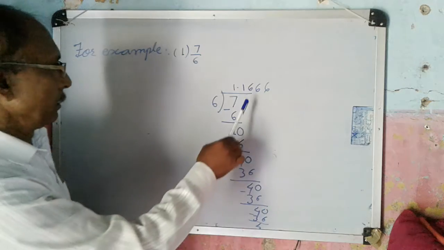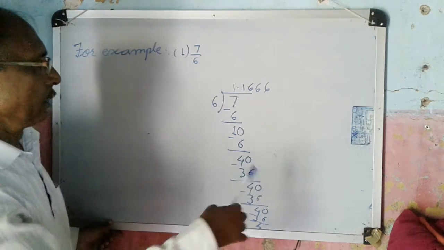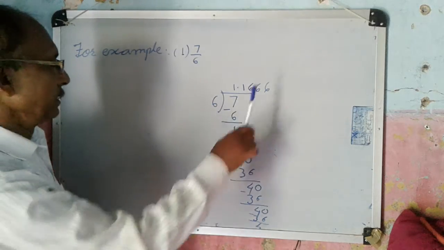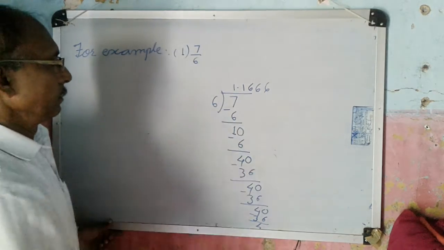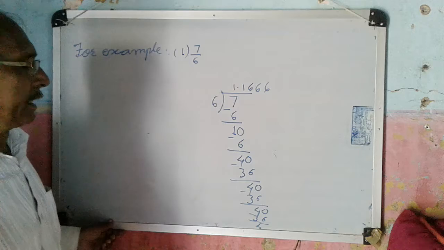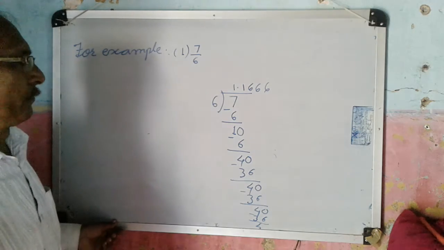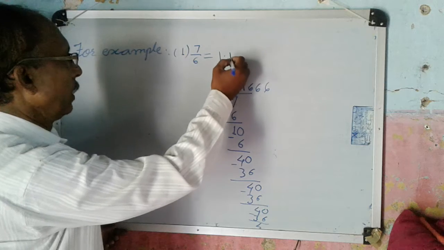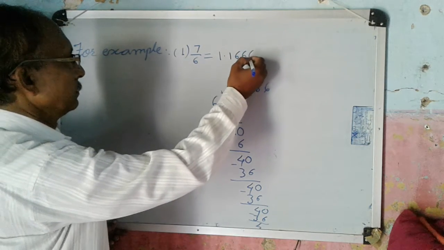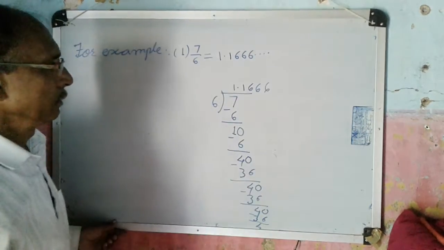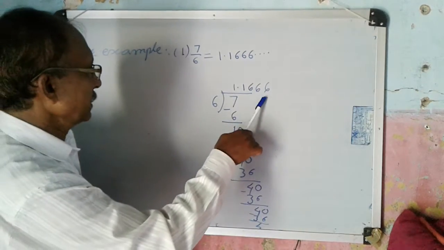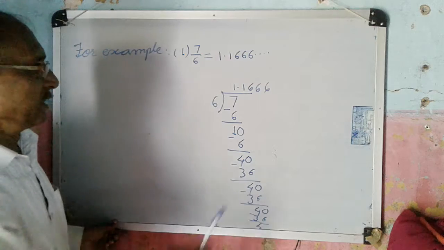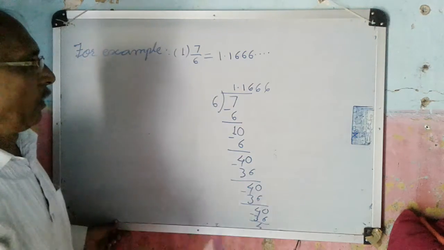That means 6 will repeat here infinitely, and therefore this is called non-terminating recurring decimal form. So this can be written like this: 1.1666. The digit 6 is repeated infinitely, it is recurring and non-terminating.